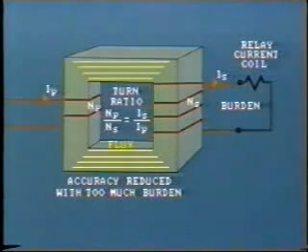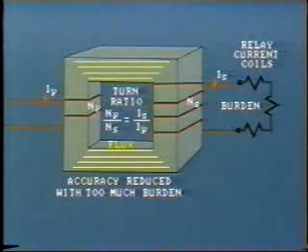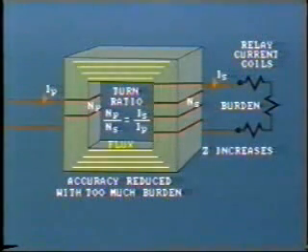The term burden is used to indicate load on the secondary of an instrument transformer. The accuracy of the CT at high current flow will be considerably reduced if we add too much burden to the CT secondary. This would occur if we added too many relays and other equipment to the secondary of the same CT. By adding more relays, more current coils are connected in series, so increasing the impedance.